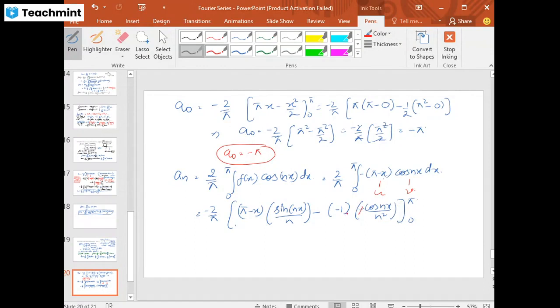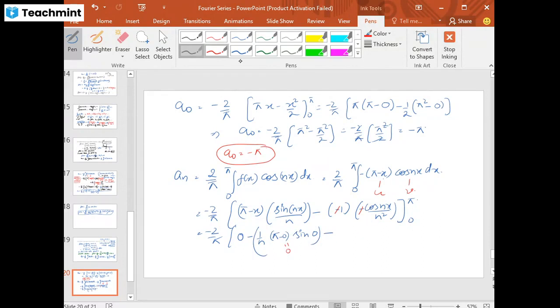Here this negative sign cancels out. So on substituting the upper limit, pi minus pi, it is 0. And on substituting the lower limit, this is pi minus 0 into sine 0. So sine 0 is also 0. Okay, so this term is also 0 only.